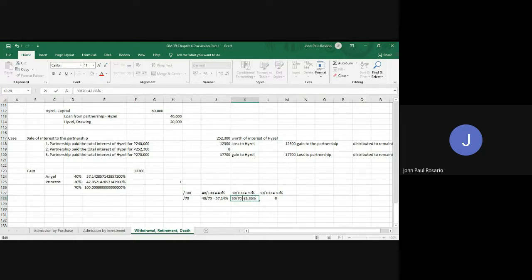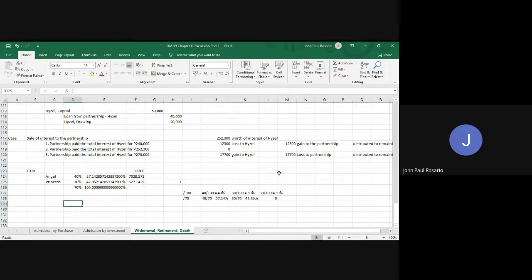Okay. So muna siya ang concept: the gain or loss on the sale of interest of the partnership will be distributed among the remaining partners on the remaining profit or loss ratio. Okay? So ang share dayon ni Angel would be this one times this one, while ang kang Princess would be this one times this one.